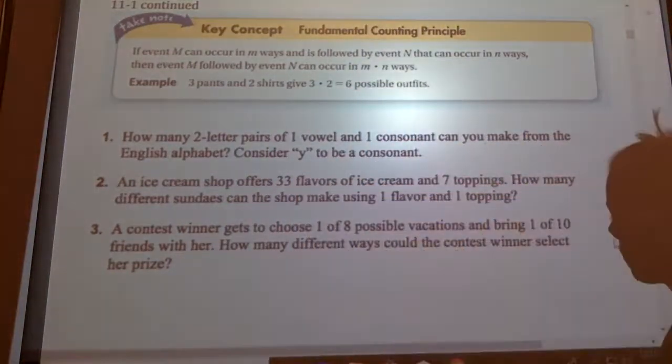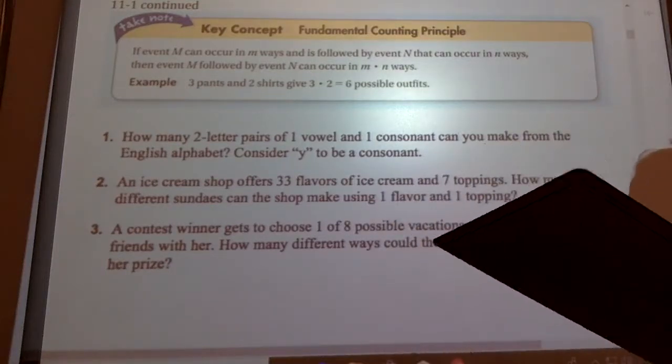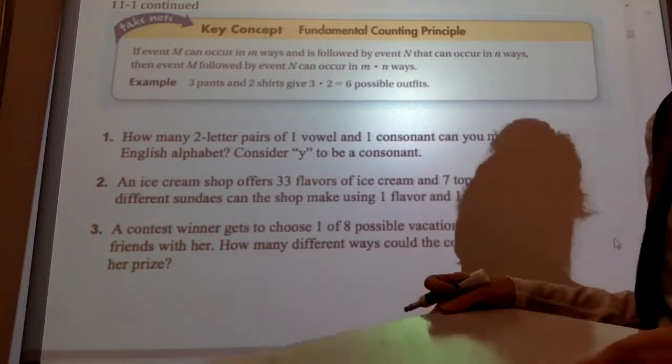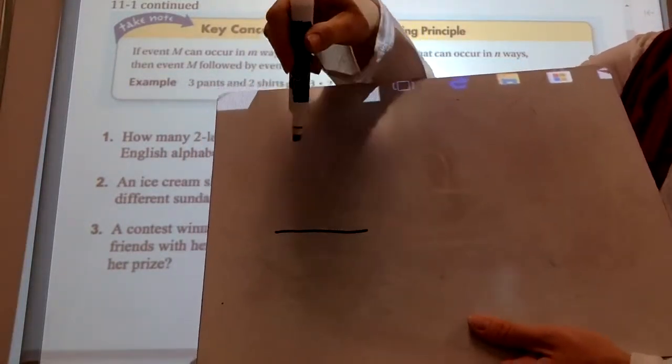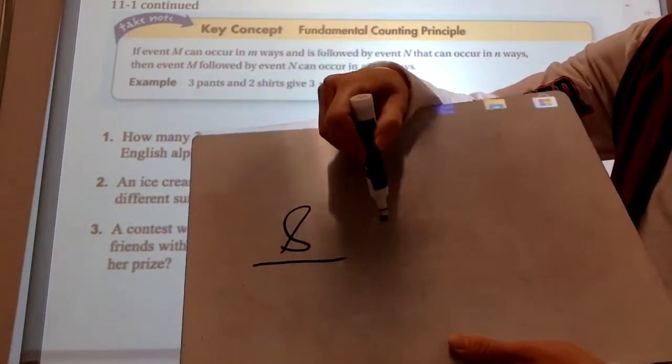Okay. One more. Contest winner gets to choose 1 of 8 possible vacations and bring 1 of her 10 friends with her. So again, you're making 2 choices and you're picking 1 out of each category. The first one you're picking is a vacation. So how many total vacations can you pick from? 8. So you put an 8 there.